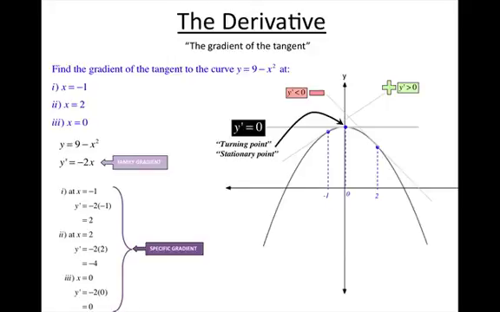We used to work out the turning points of the parabolas by finding the axis of symmetry and then subbing in to get the vertex. And here's a new way to do it, and a much quicker, better way to do it is by using the derivative. So the important thing to remember, the turning point or the stationary point happens when the derivative, or y dash, is equal to 0.